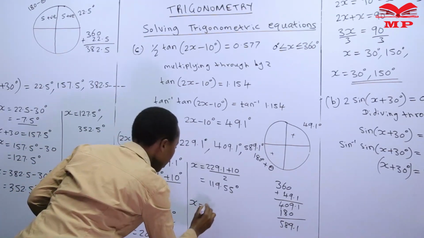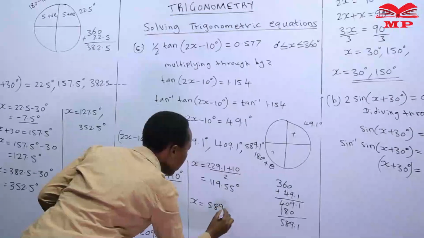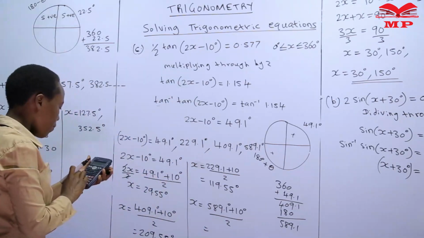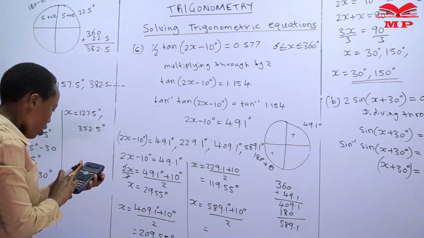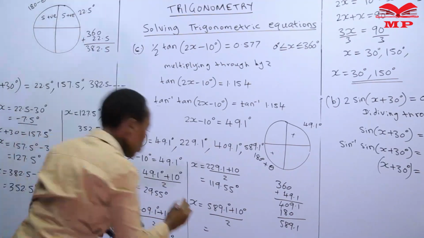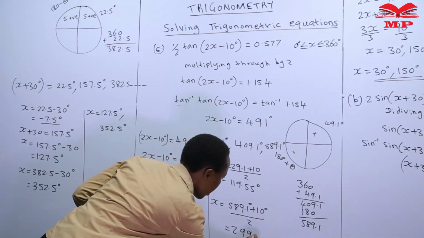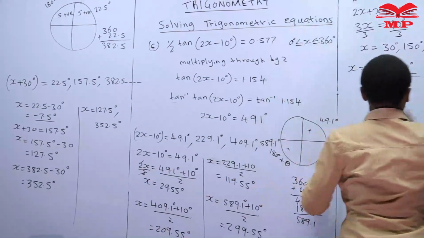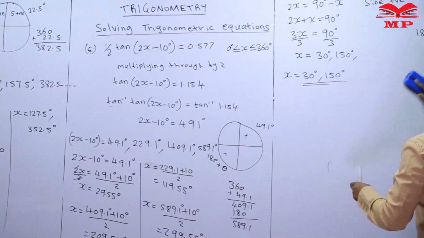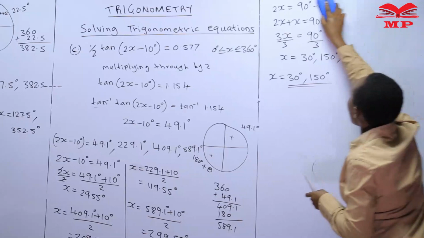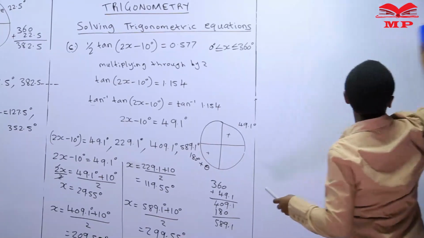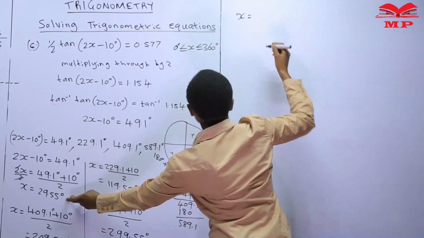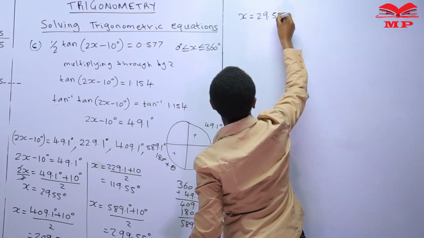Then the last one, we have 589.1 plus 10 degrees divided by 2, so we get 599.1 divided by 2, which will be 299.55 degrees. If we continue again, we'll have a value greater than 360, and that is our limit. And therefore our values of x will be, our first x is 29.55 degrees.